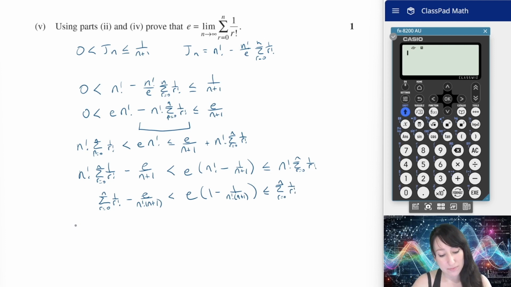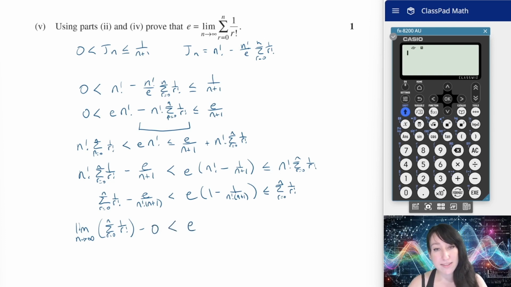So let's take everything to the limit. Now, this fraction here, e over n factorial times n plus 1, if n goes to infinity, the denominator becomes infinitely large with a constant numerator. So that's going to go to 0. We'll see something similar in here.